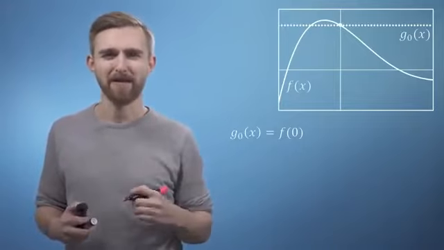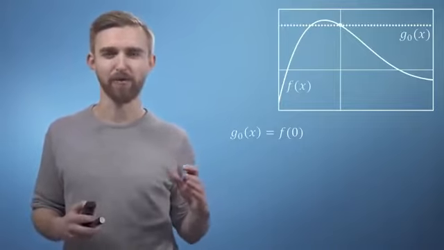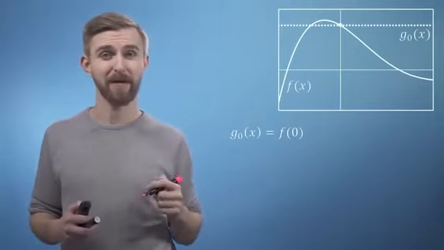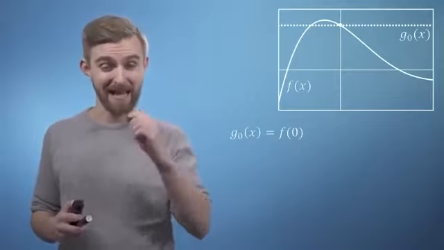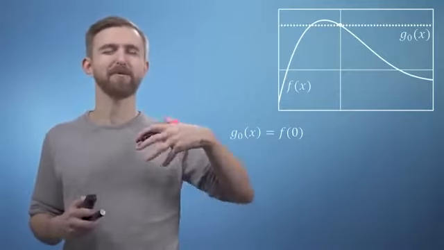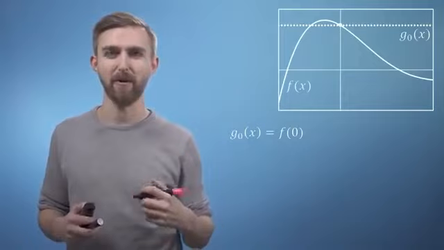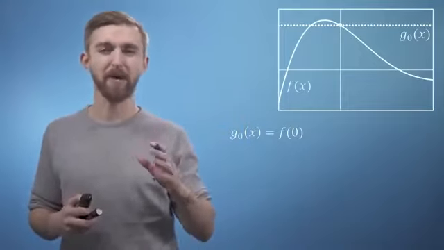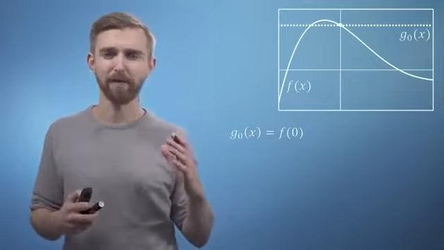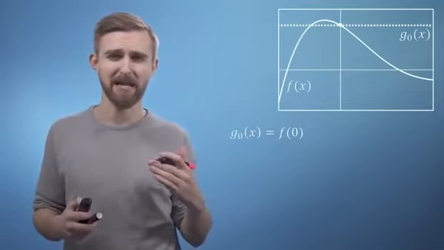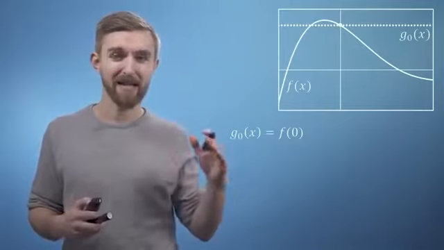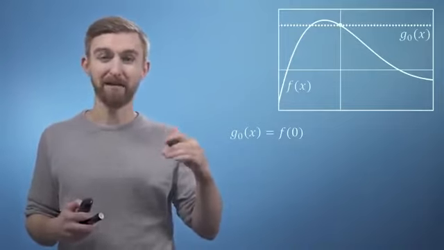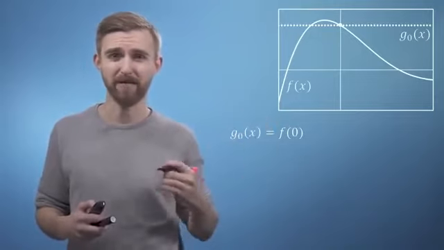We can do better. So let's now find our first order approximation. For this, we're now going to use two pieces of information, the value of the function at x equals 0, but also the value of the gradient at x equals 0, which we will call f dash of 0. Using these, we can build another straight line of the form y equals mx plus c, where the vertical axis intercept c is just f of 0, but just substituting in f dash of 0 as the gradient of our line.